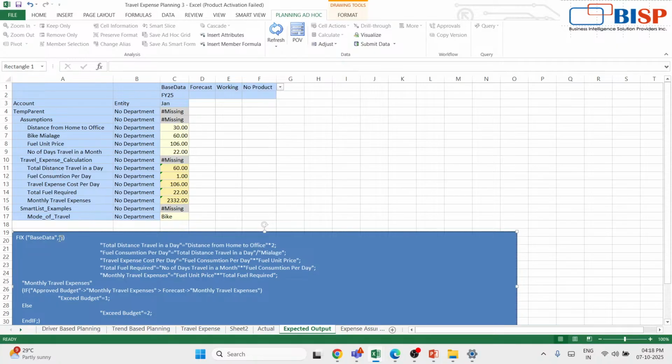The year would be FY25, which we can take, and the version would be the working version.